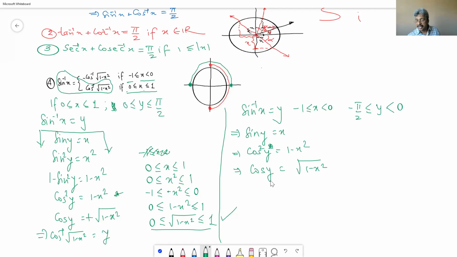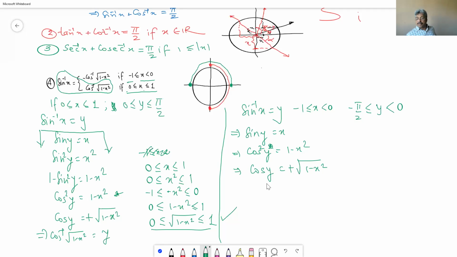This angle y is not in the range of cos inverse. Therefore, you are not allowed to take cos inverse over here. That is one part. And second, which sign are you going to choose here? Cos of angle between minus pi by 2 to 0 is still going to be positive. So this sign is still going to be positive.